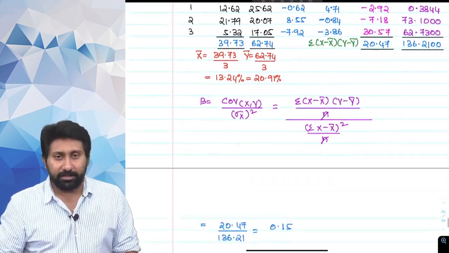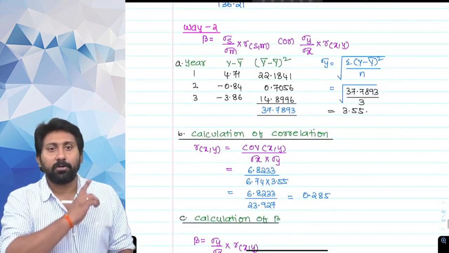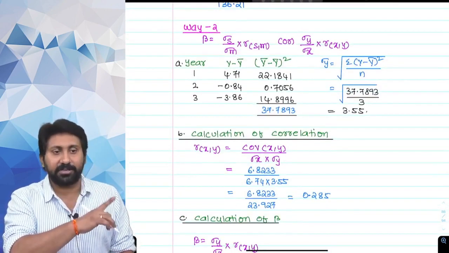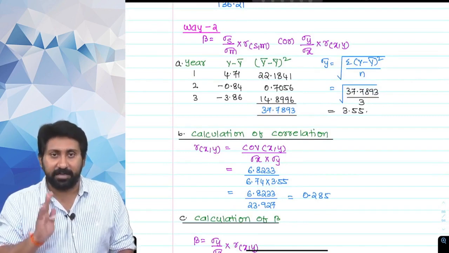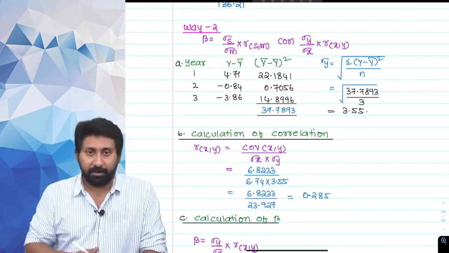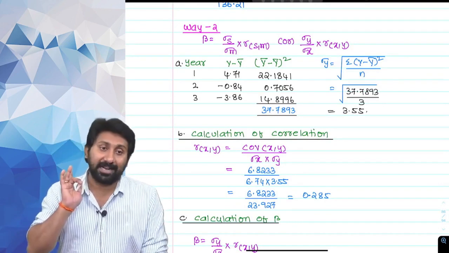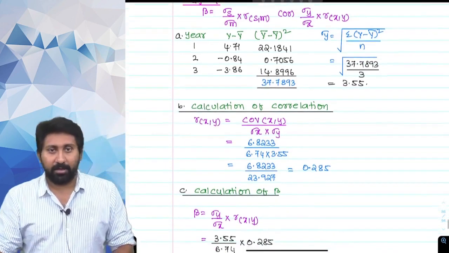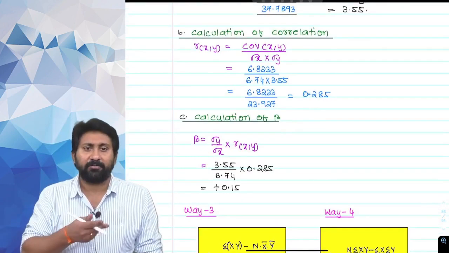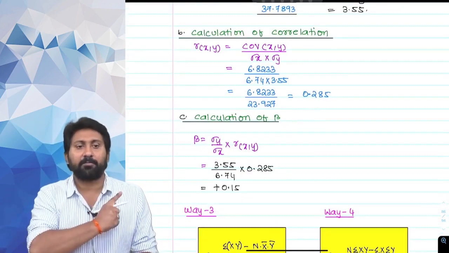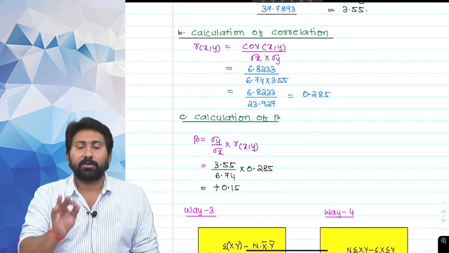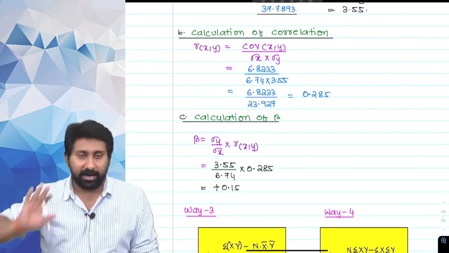After the covariance model, we came to standard deviation of security by standard deviation of market, which means we took the correlation method. As per that also, we got the answer 0.15. Beta is 0.15, correlation is 0.285. What is the meaning of 0.285? Both the security and market are positively correlated, no doubt.